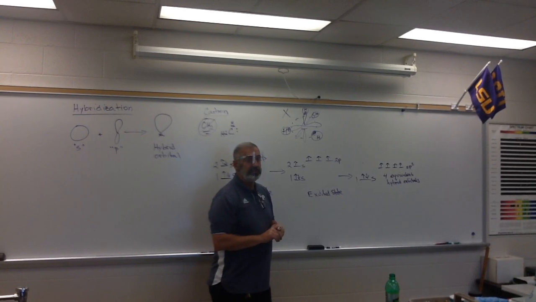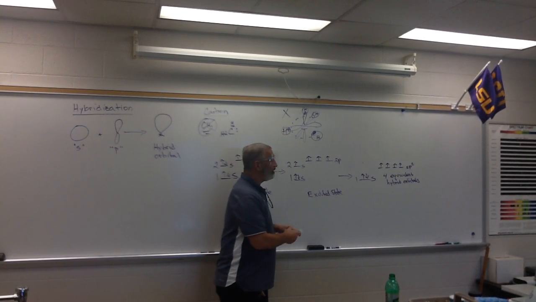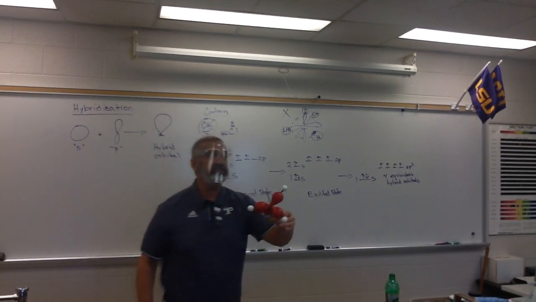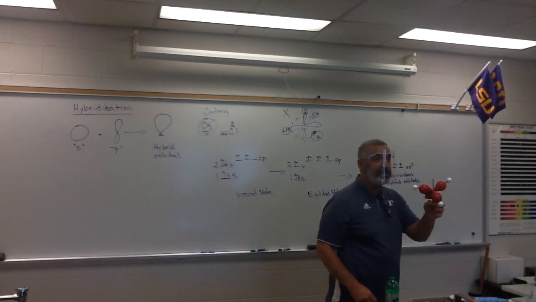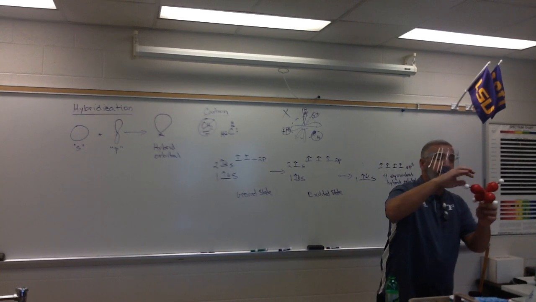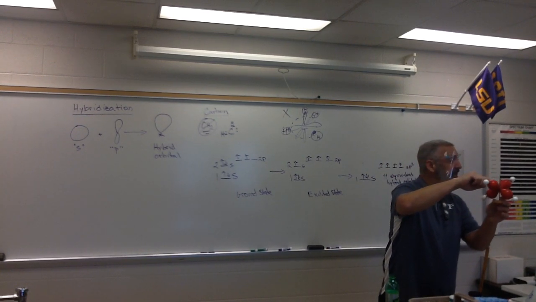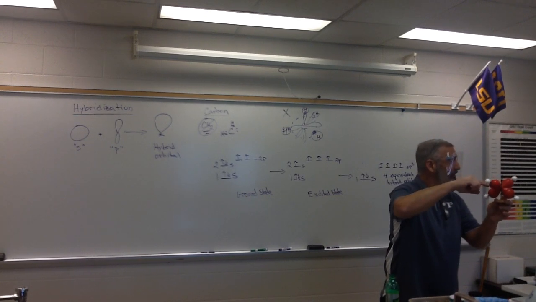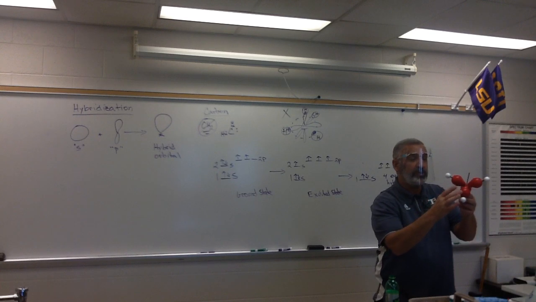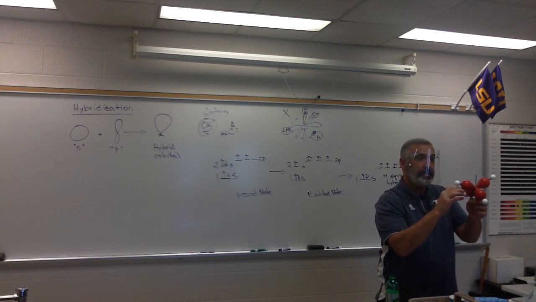Okay? Now, when that happens, you get 4 orbitals that are going to get as far apart from each other as possible. You've got the carbon atom right here. Each of the red corresponds now to my hybrid sp3 orbital, a hybrid orbital, all three of the p's and the s. Now notice that they're all the same shape.